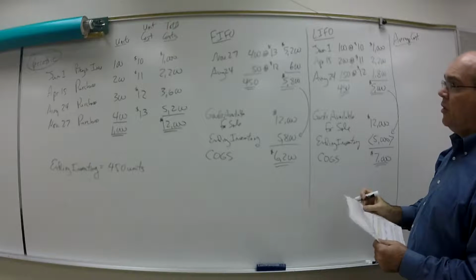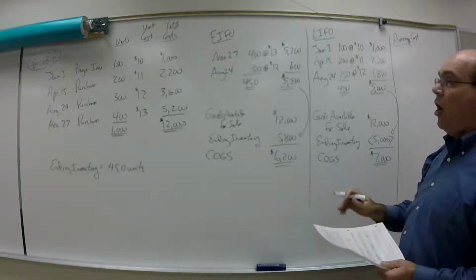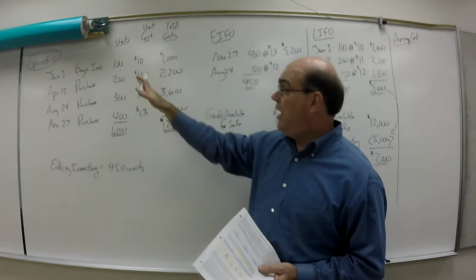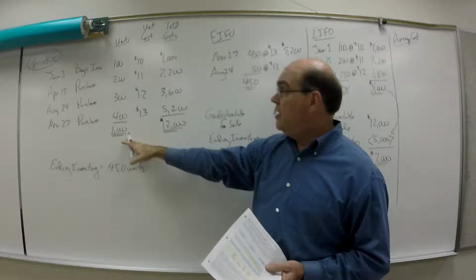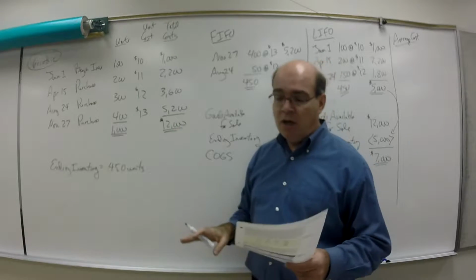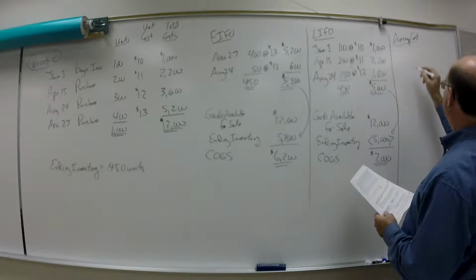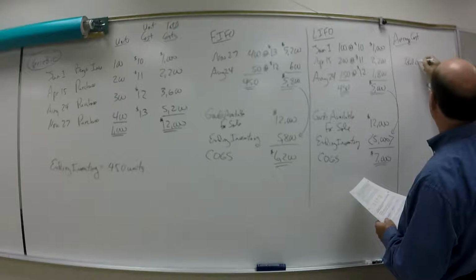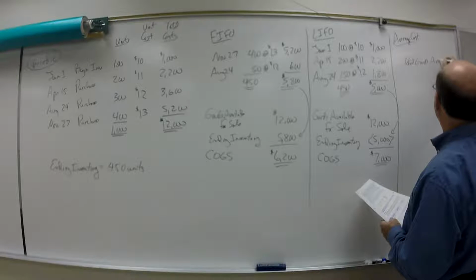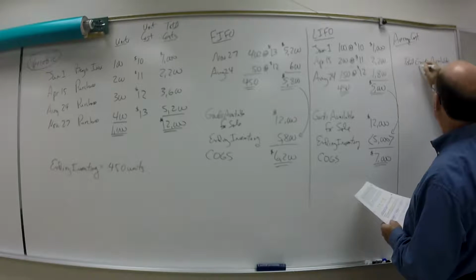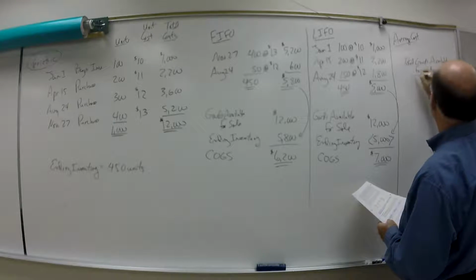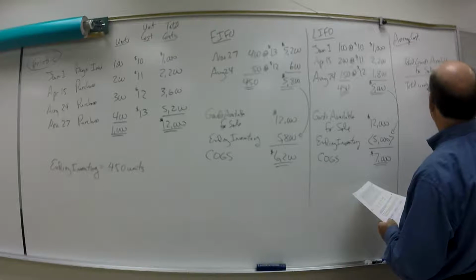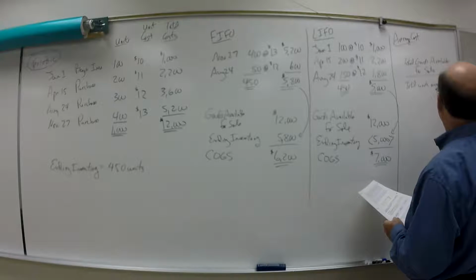So what we do there is we go through and we take all the goods we had available. In other words, all the amounts we had to sell. So how many did we have available to sell? 1,000 units, and how much did we pay for those? $12,000. So what we're going to do is take our total goods available for sale and divide it by our total units available for sale.